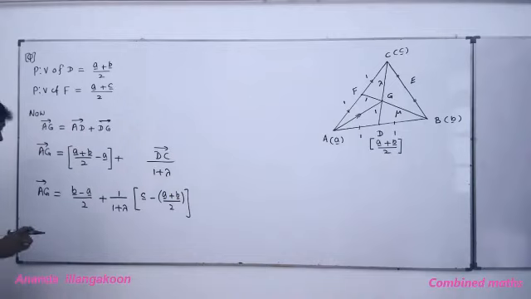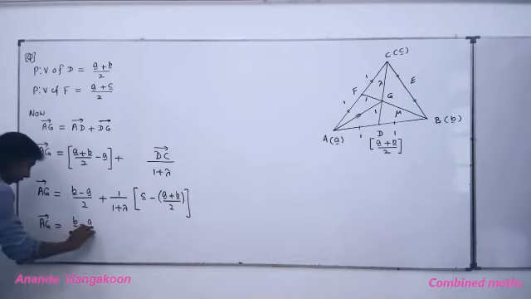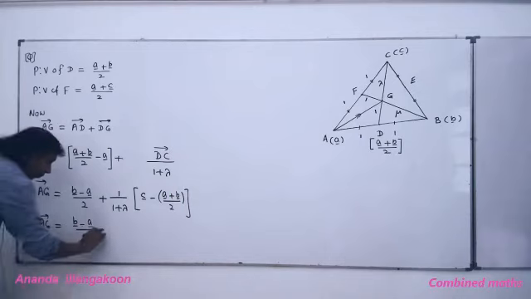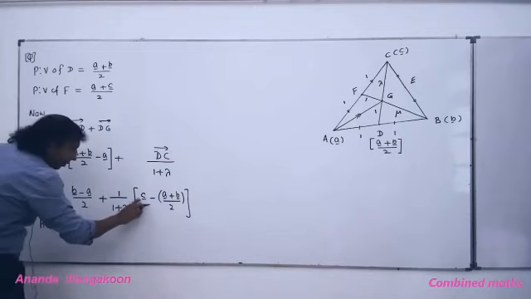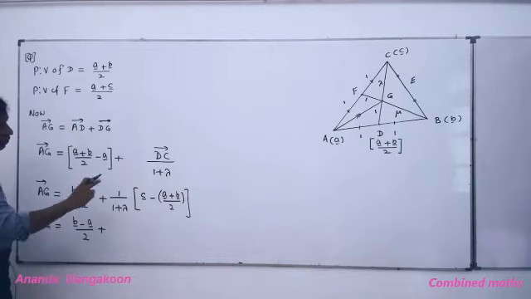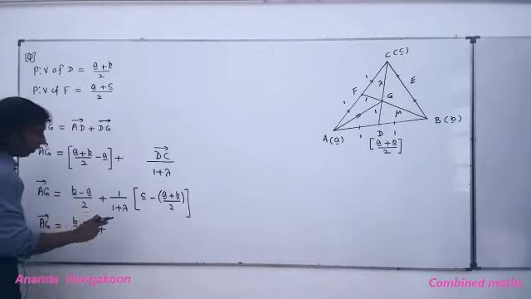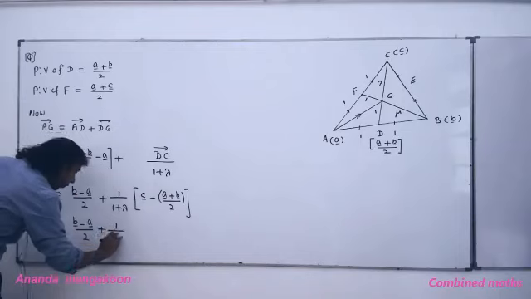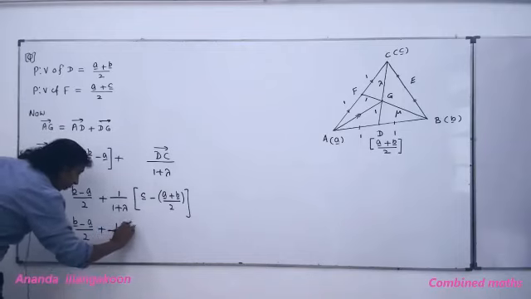Okay. Now you can write the AG vector: (B minus A) by 2. Right, here take what, people? DC vector: C minus position vector of D, no? Then 1 over 1 plus lambda.